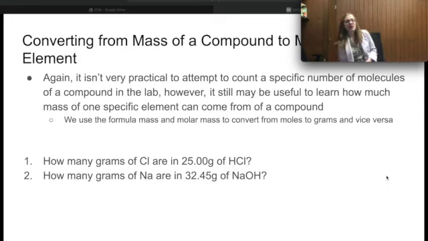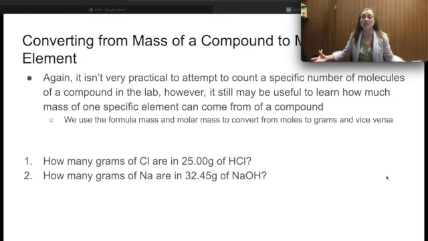So this is why we cannot compare these directly, because even if I have one atom of each, that doesn't really mean anything to me because I have much different masses. However, this is one of the things that the mole takes care of for us. It kind of happens in the background.